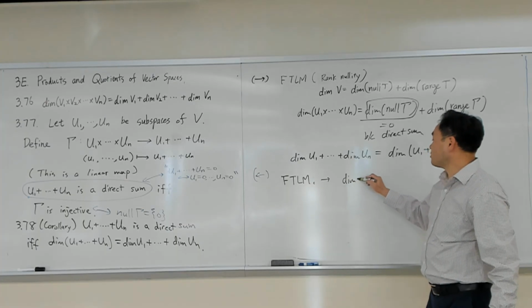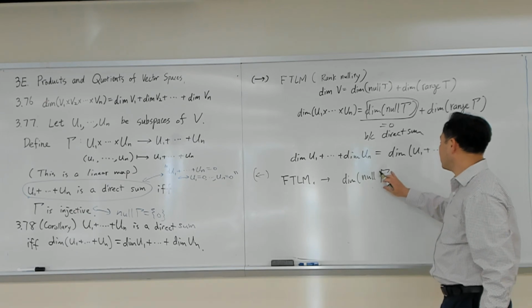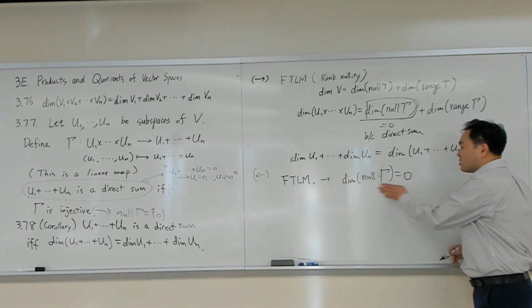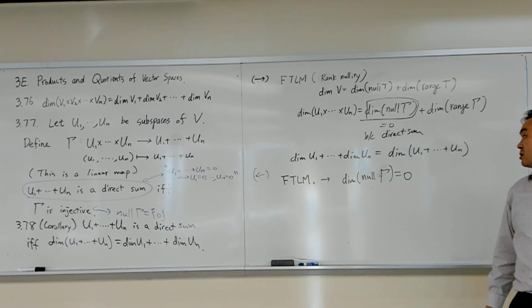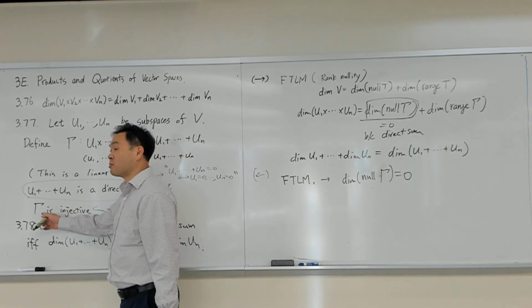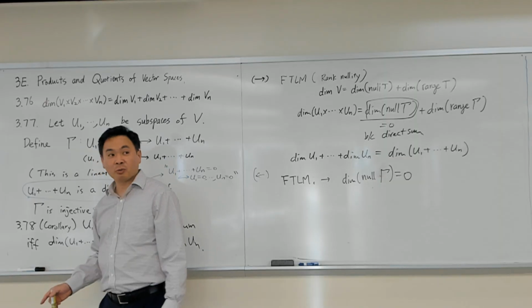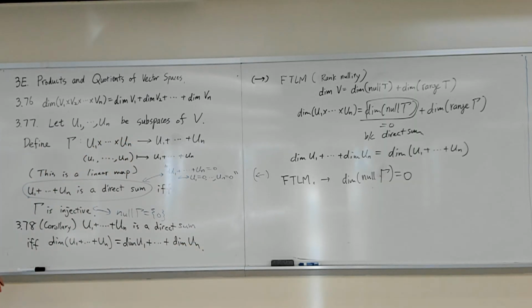The dimension of the null space of gamma would be 0. So the nullity is 0, so the null space is just the 0 space, and therefore you can apply 3.77 with gamma being injective, and therefore it's a direct sum. Okay, so both sides are just the corollary of these two put together with the fundamental theorem of linear maps. So that's how this portion is proved.